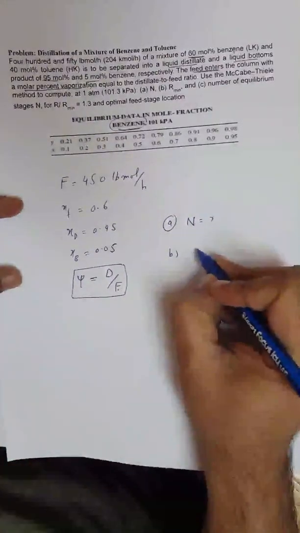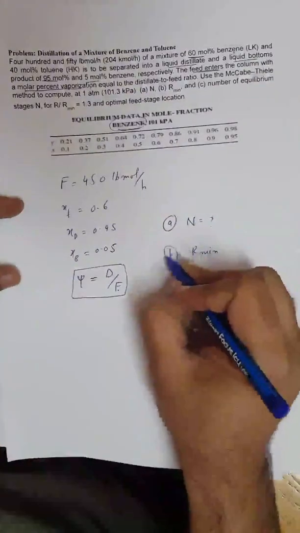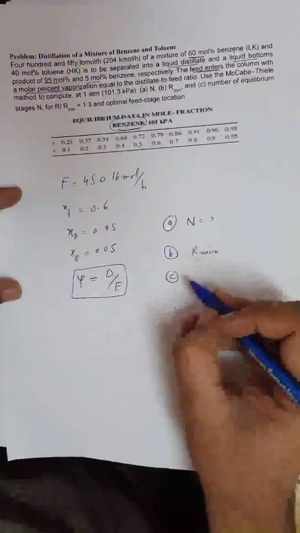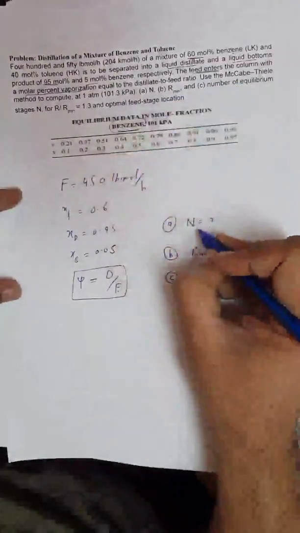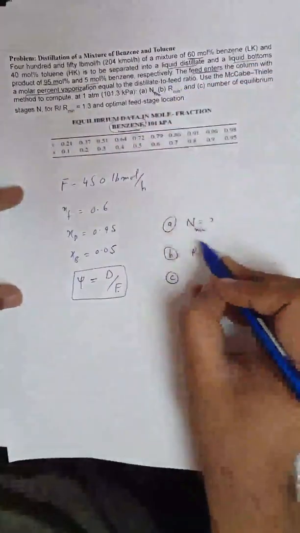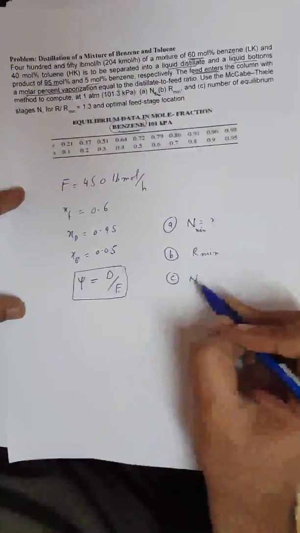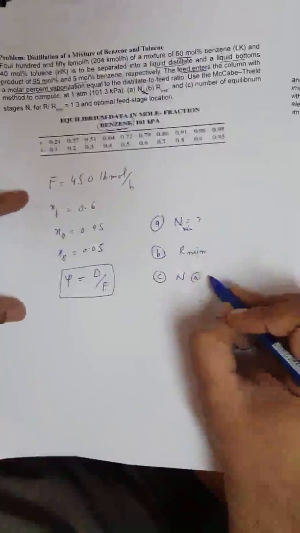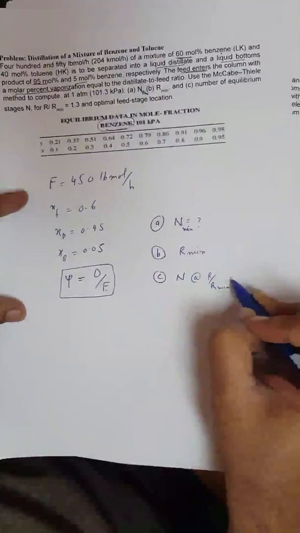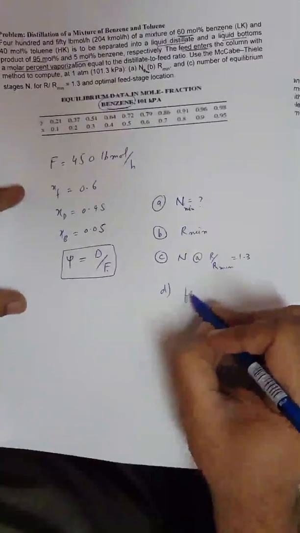B, we have to find R minimum. C, we have to find the number of stages. Actually, I guess the first one is N minimum, which may not be written. So first is N minimum, second is R minimum, third is N at R over R minimum of 1.3, and fourth is feed location.